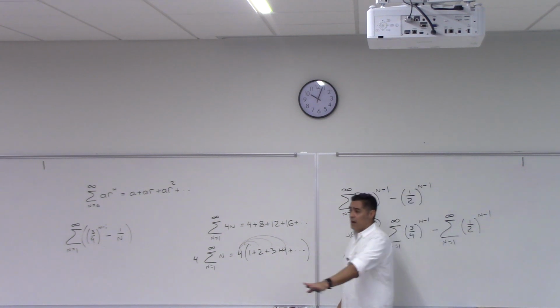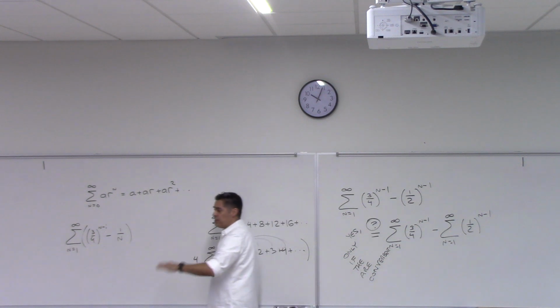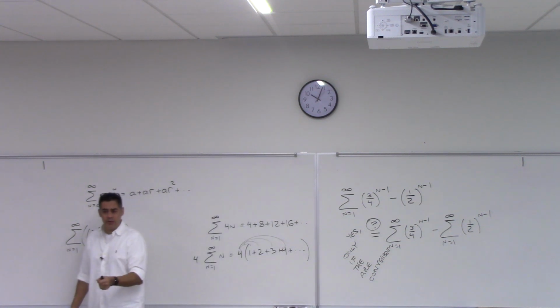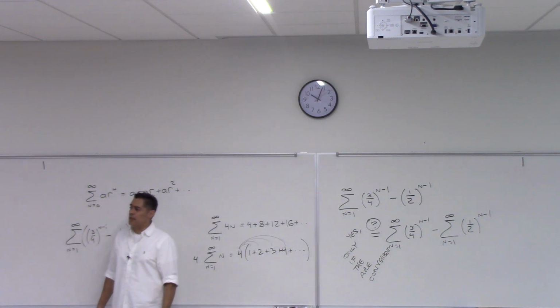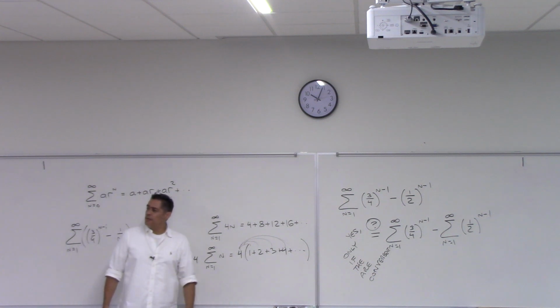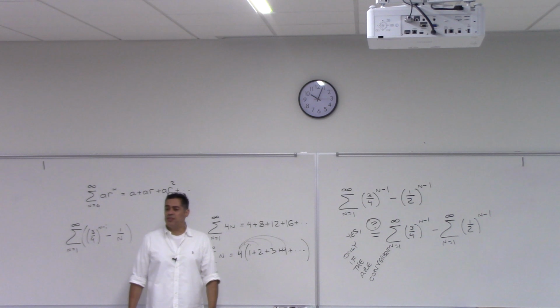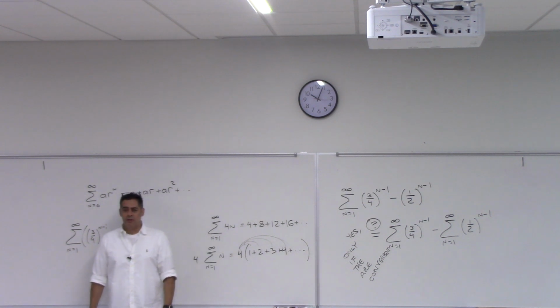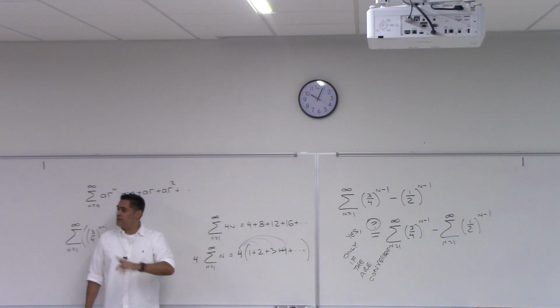So right now, we can only find the sum of a series if it's geometric and convergent. Generally, finding the sum of a convergent series is very difficult. If I give you just some series, and it's convergent, and it's not geometric, finding the actual sum is really hard to do in general.